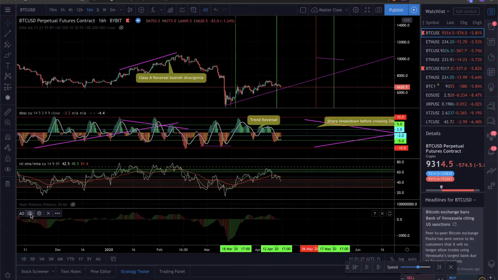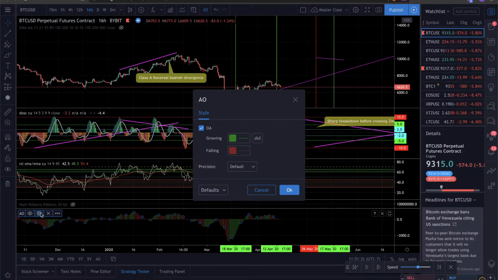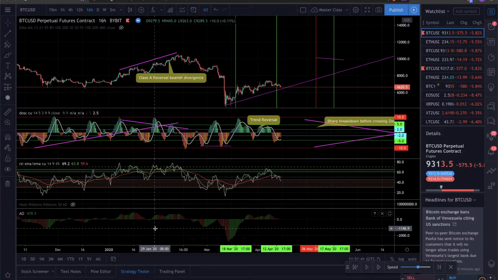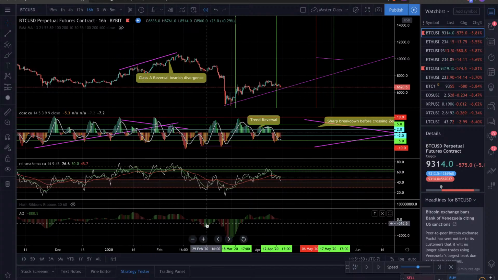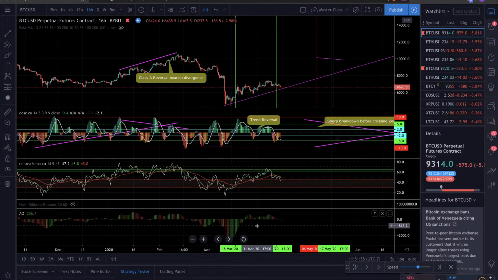Yeah, it is similar. I'll have to do a little bit of research on it. I'm not sure what the settings are though. I'll have to do a little bit of research on this one, but yeah, it is definitely similar. Yeah, I'll have to do a little bit of research and see how it compares to the derivative oscillator.